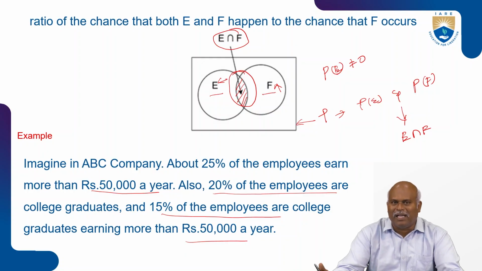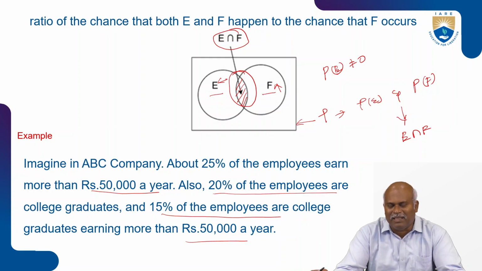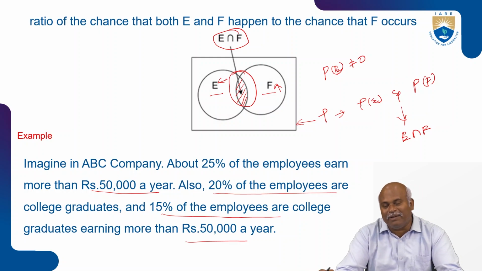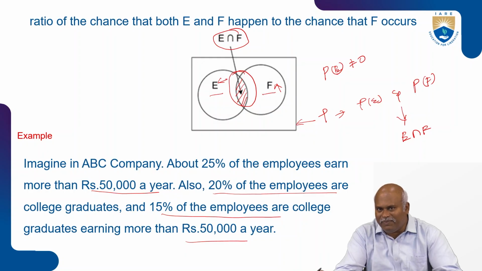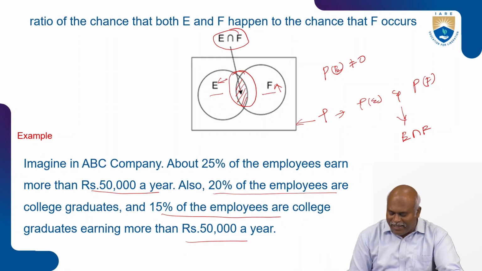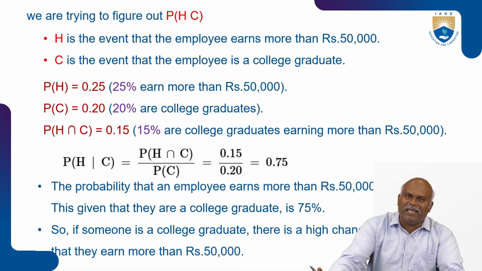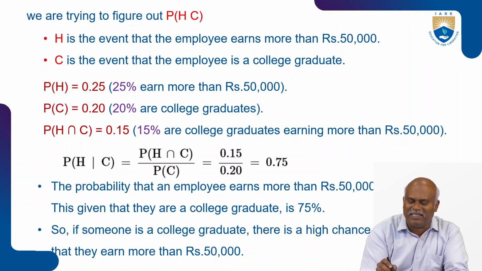So the company is going to pay a salary of 50,000 a year. In this case some of them are graduates, and they are waiting for more than 50,000. That is an example.